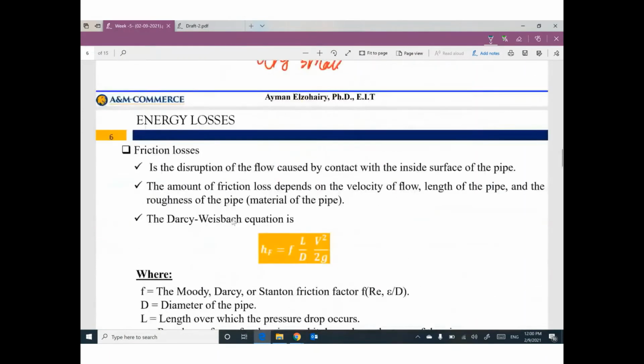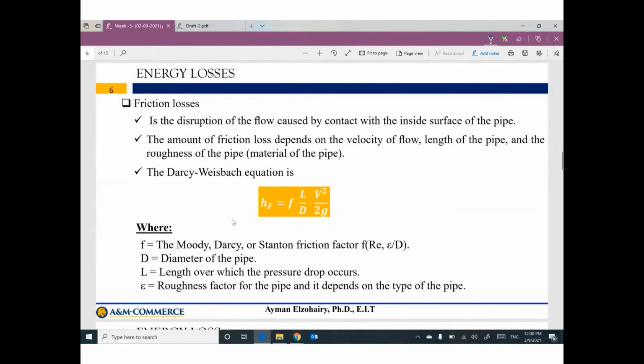Okay, let's figure out the first type of losses, which is called friction losses. Friction losses is the disruption of the flow caused by contact with the inside surface of the pipe. That makes sense. The amount of friction loss depends on the velocity. If you have faster flow, we can expect more losses, I believe.